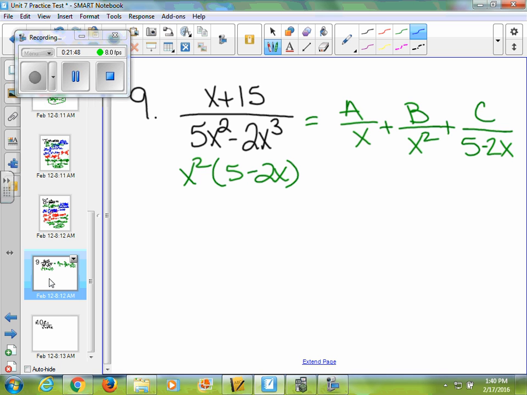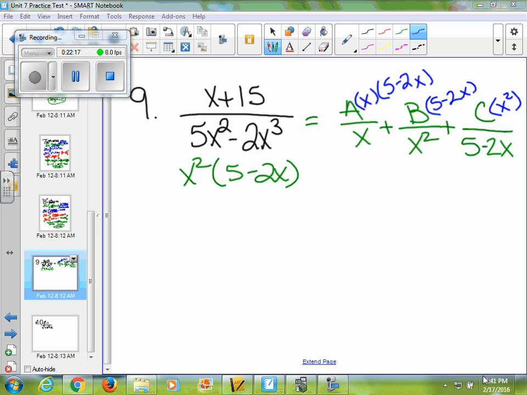Okay, so if I need my denominator to be x squared times 5 minus 2x, to make this be an x squared, I'm going to multiply x by x and multiply by 5 minus 2x. To make this be x squared times 5 minus 2x, all I need to do is multiply by 5 minus 2x. And to make this be x squared times 5 minus 2x, I need to multiply by an x squared.